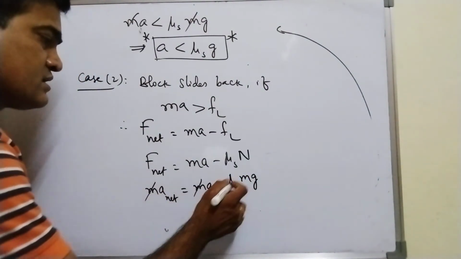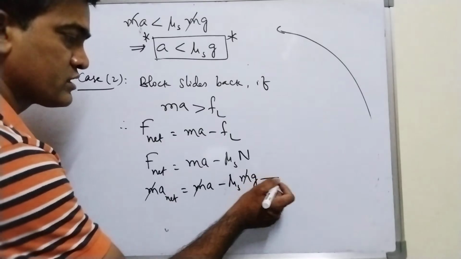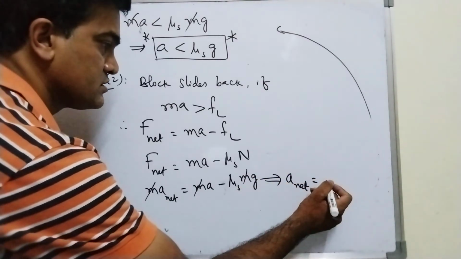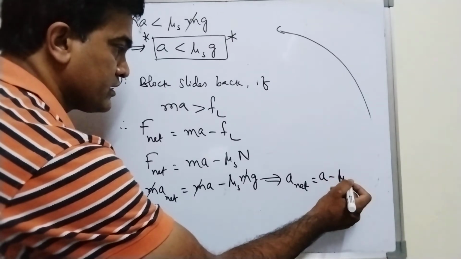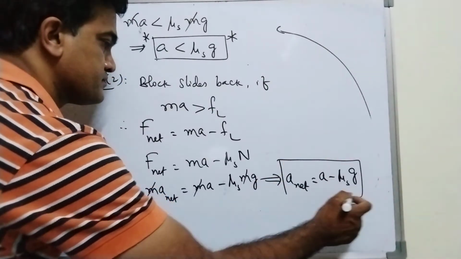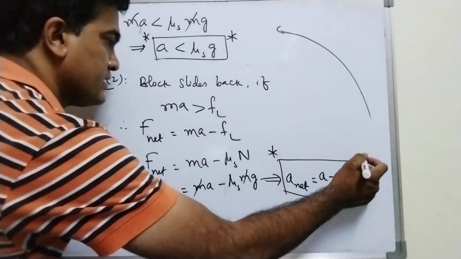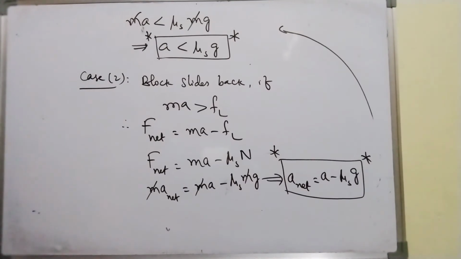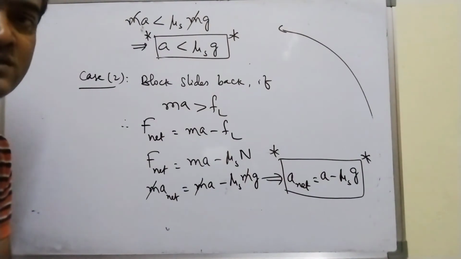Now I can cancel m in all three terms. So what I am getting as net acceleration is a minus mu s into g. A net is equal to a minus mu s into g. This is the value of net acceleration.